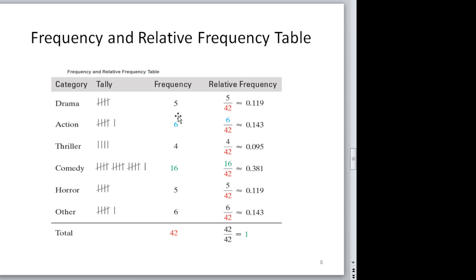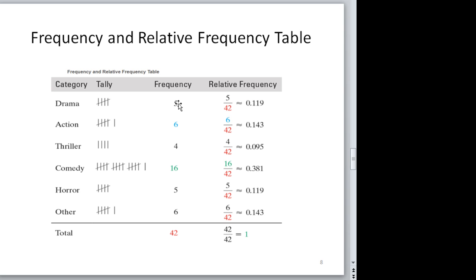For example, drama was a frequency of 5 out of 42. Well, 5 out of 42, how many percent is that? Answering that question is what's called the relative frequency.